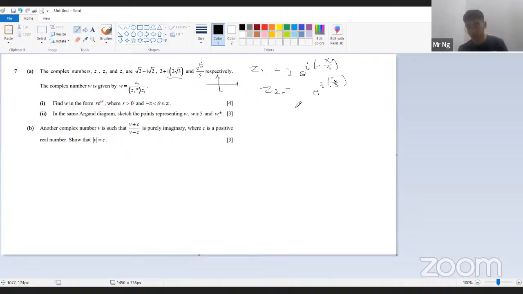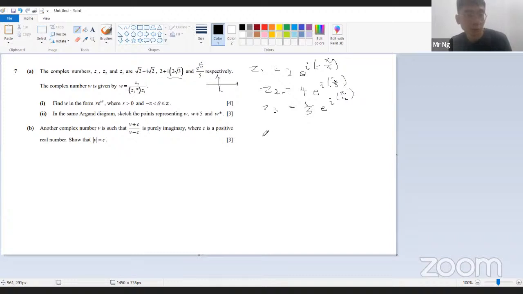Then after that, 2 square plus 4 times 3, so become 4. What's next? Z3 equals to 1 over 5 e to the pi over 12. So if it's conjugate, we just negative the pi over 12.